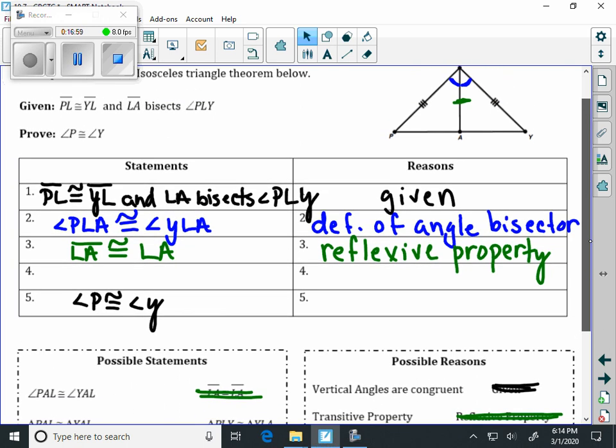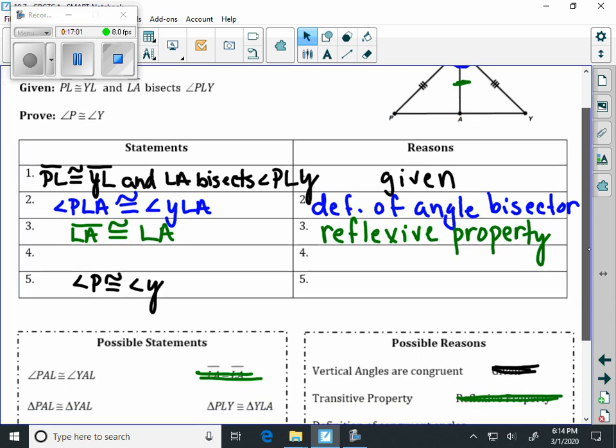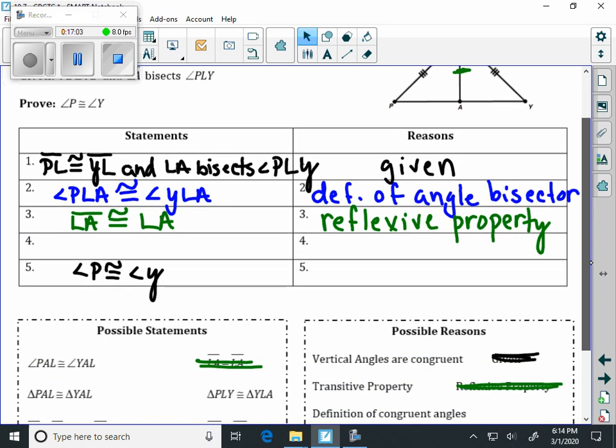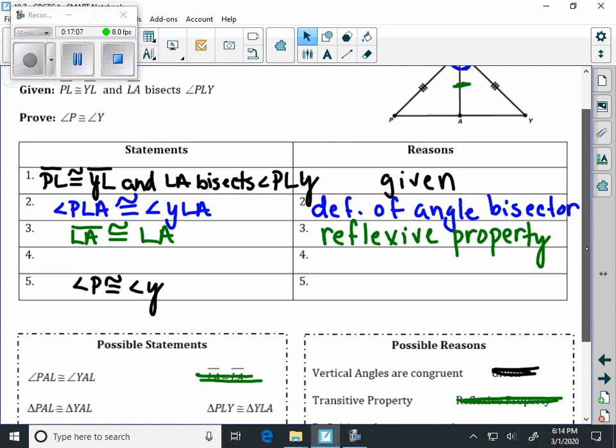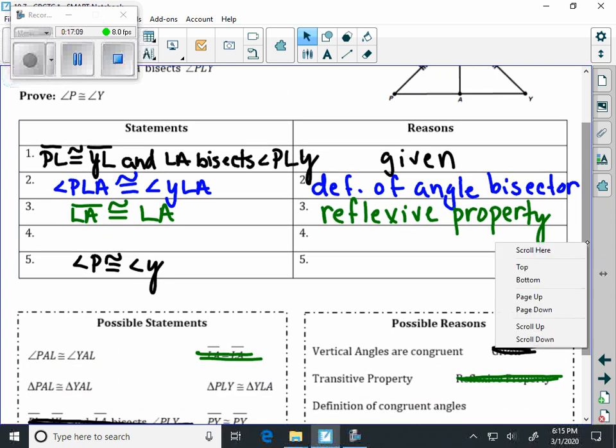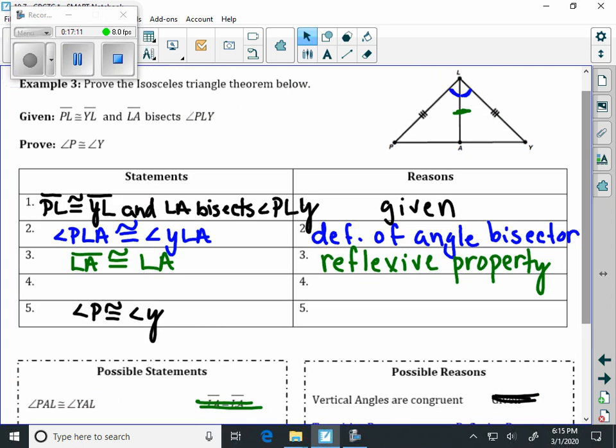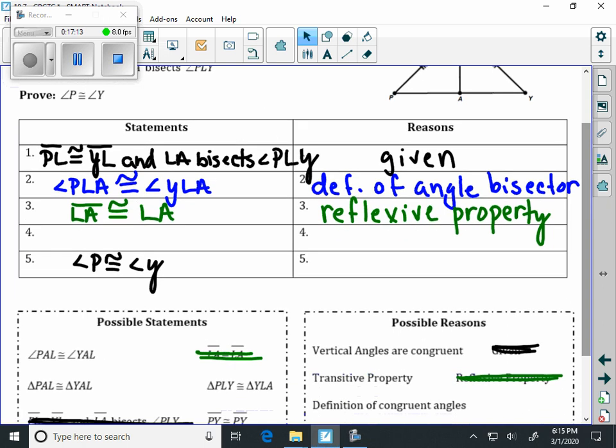But let's see, if we do PAL congruent to YAL, that's going to work for us. So I went in the wrong order originally, but I'm going to follow what the possible statements are.